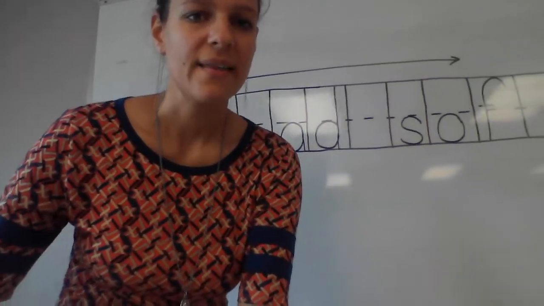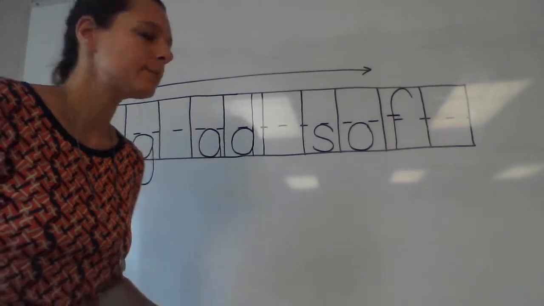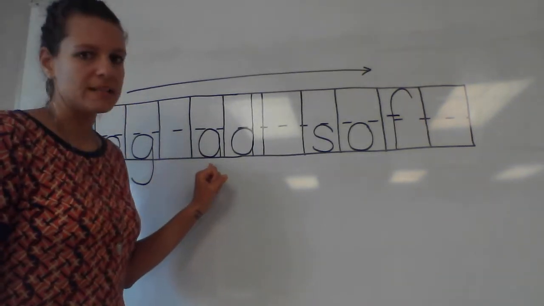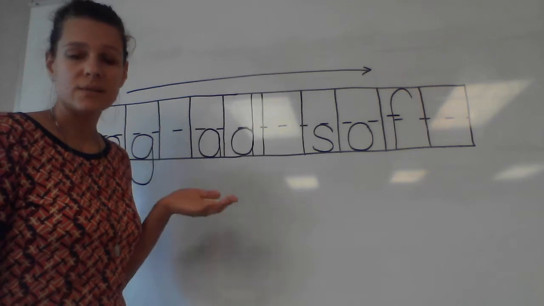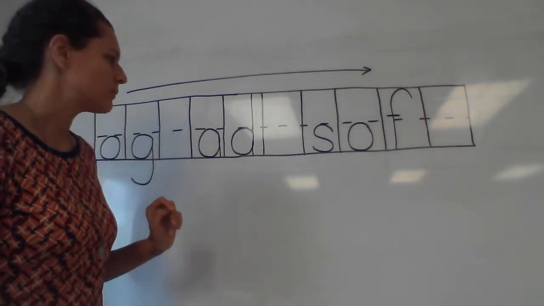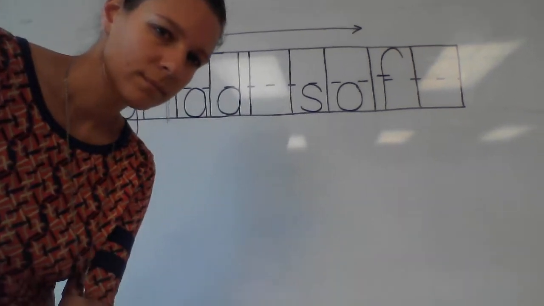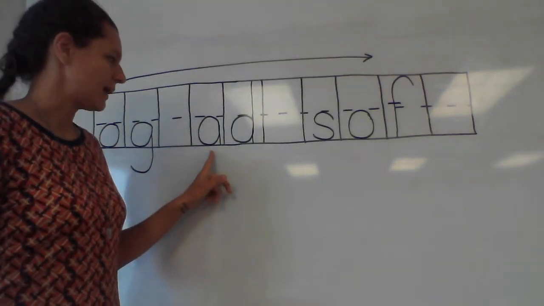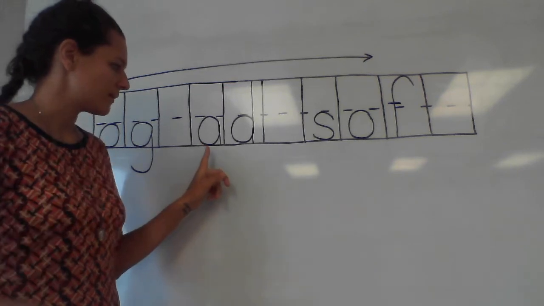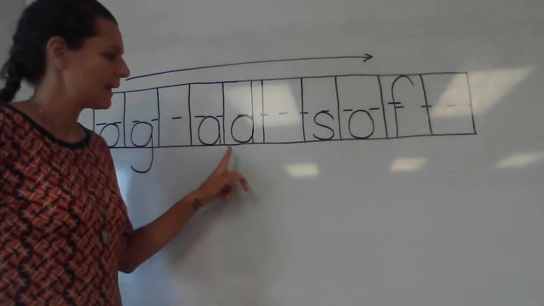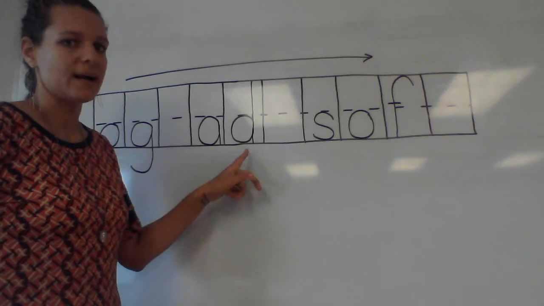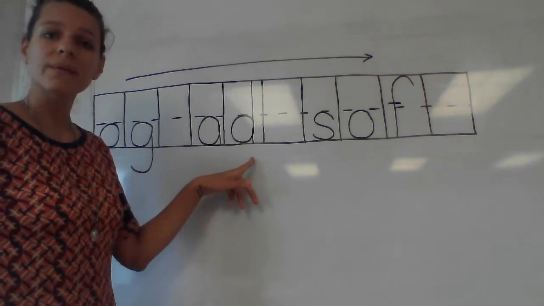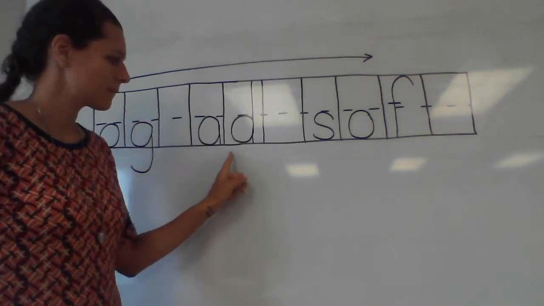All right, let's try that with the next word that you wrote. This phonogram we know has 3 sounds, but of course we're just going to say the first sound when we're reading our word. All right, so what is this? I can do this one for you first. A, d. All right, now your turn. Let's put them together faster.